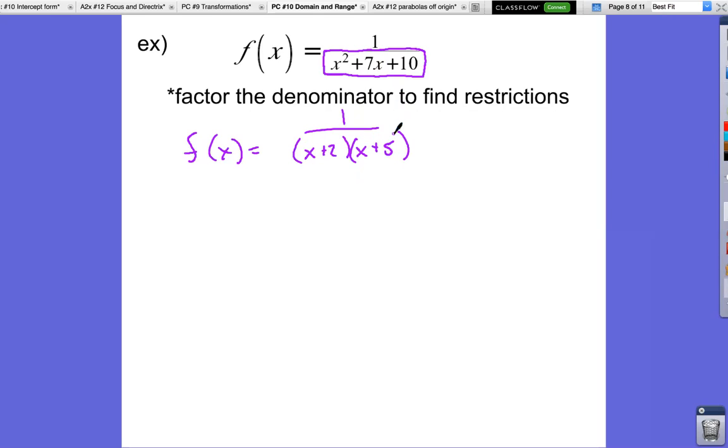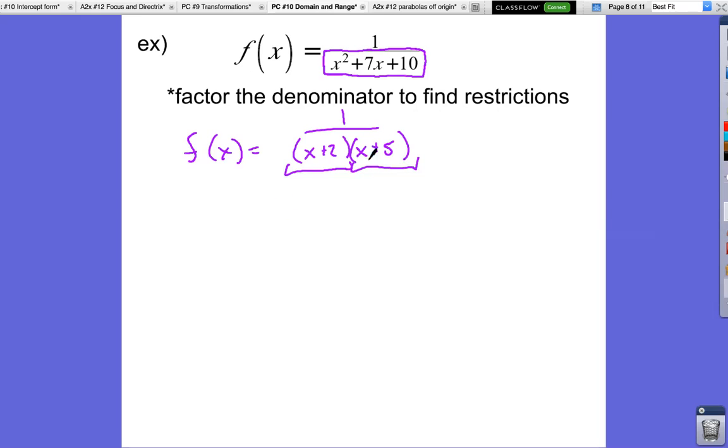And one thing I kind of want to warn you guys about is we don't have time to go over all of the little things like factoring. We've already done it and done it quite a bit. So if you have questions, let me know. But we are going to work under the assumption that you guys can factor, especially on some of the easy ones, pretty quick. So what values of x, I take both of these quantities and I set them both to 0.